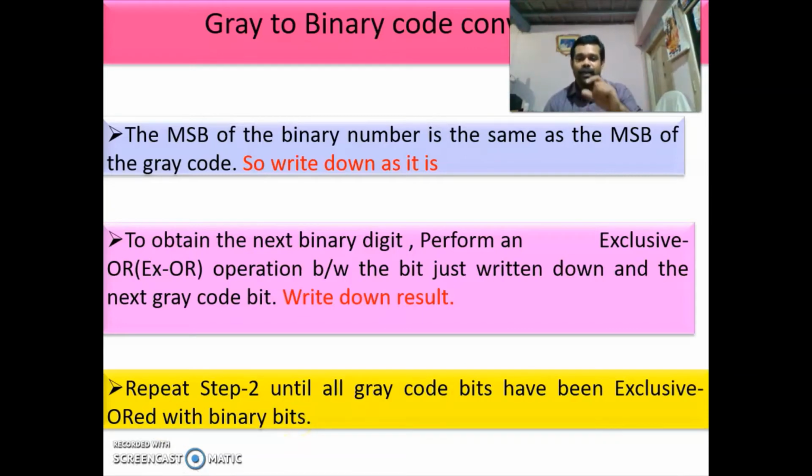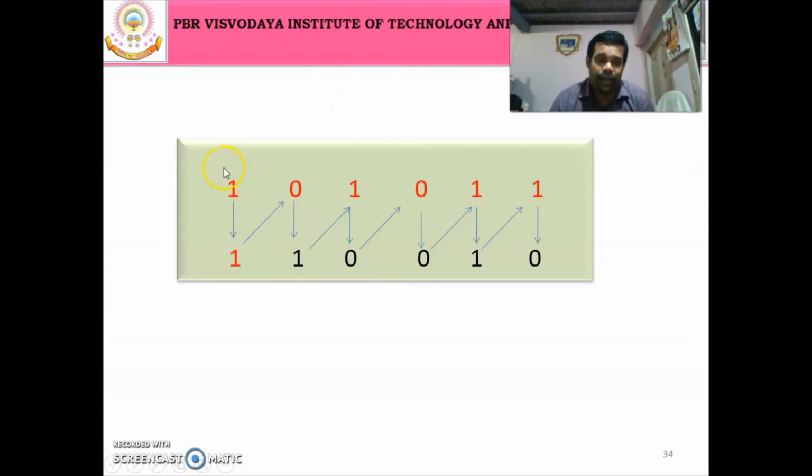While doing the problem, we will understand what you have to do. We are going to convert gray to binary, and with an example I will clearly tell. This is the gray number and we are going to convert it to binary. First we have to write this MSB as it is.